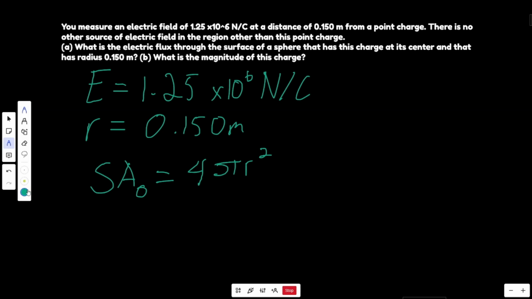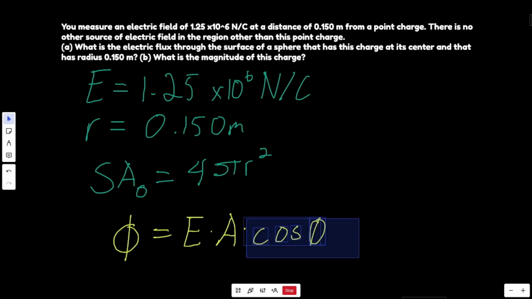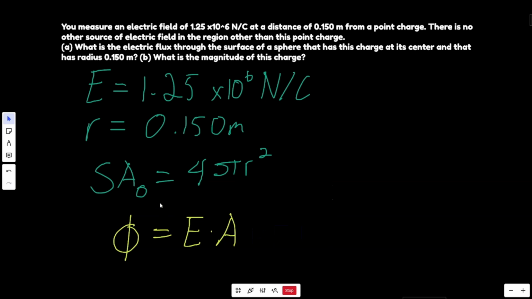And we know that the equation for flux is the electric field times the area times the cosine of the angle between these two. Now, the angle is not stated here, so we can just disregard this and assume that it's maximized. So we're left with just EA. So we can plug in our values and we can solve from here.